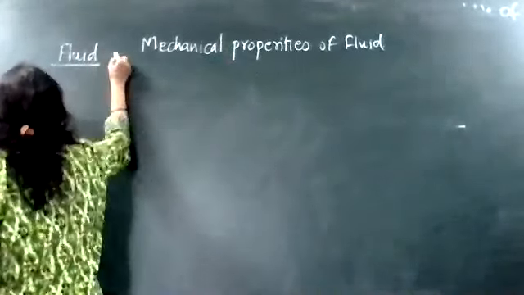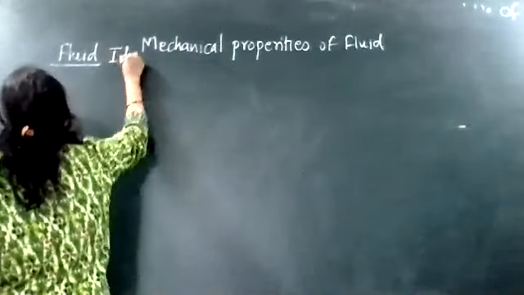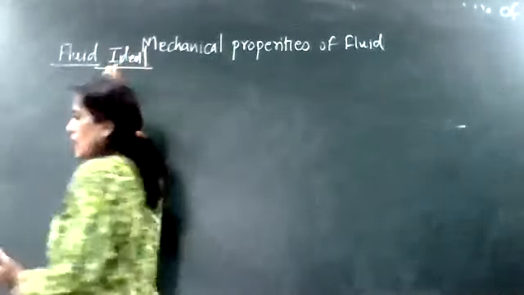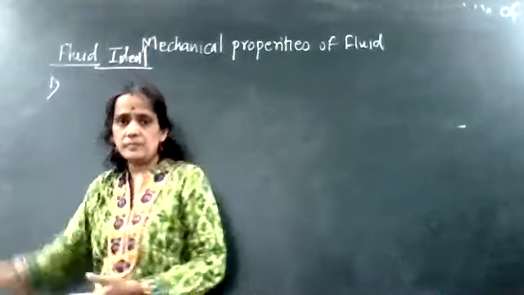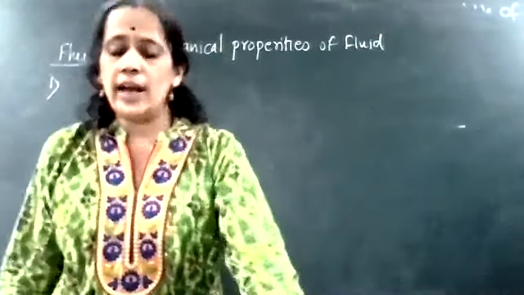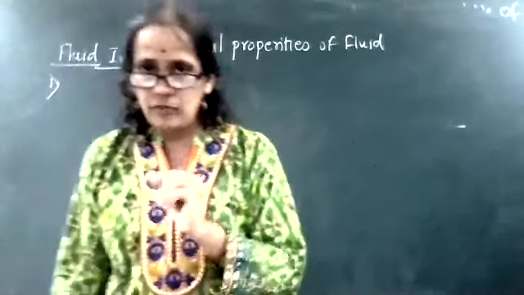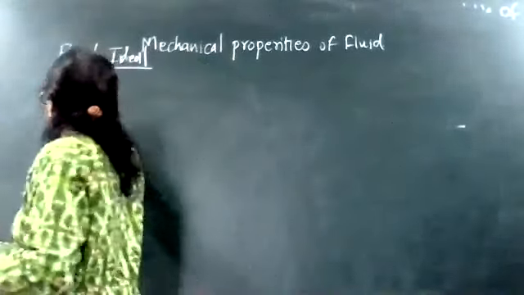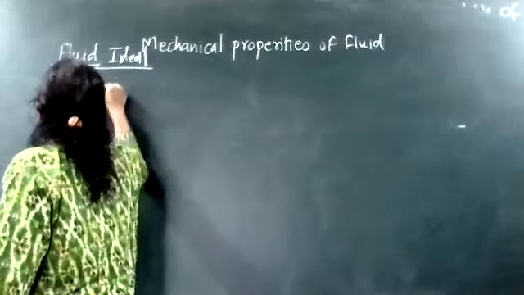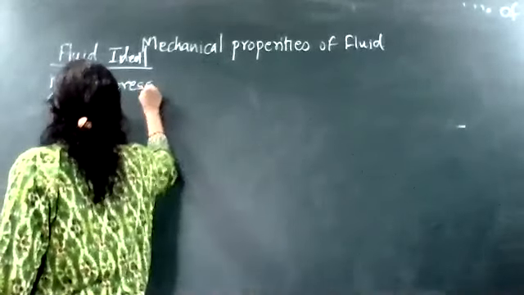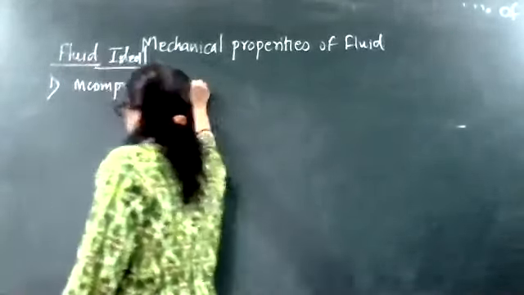So an ideal fluid has certain properties. The first property of an ideal fluid is that it is incompressible. Incompressible means what?